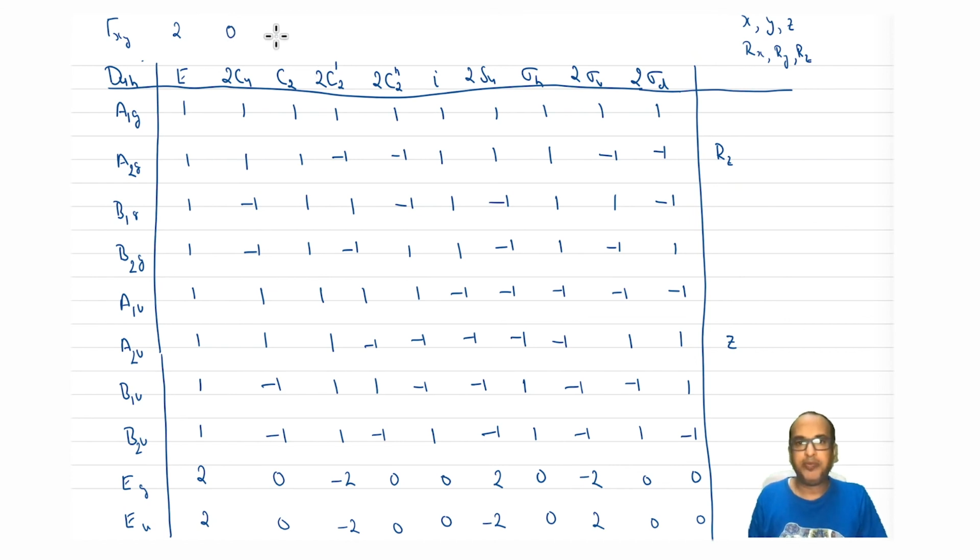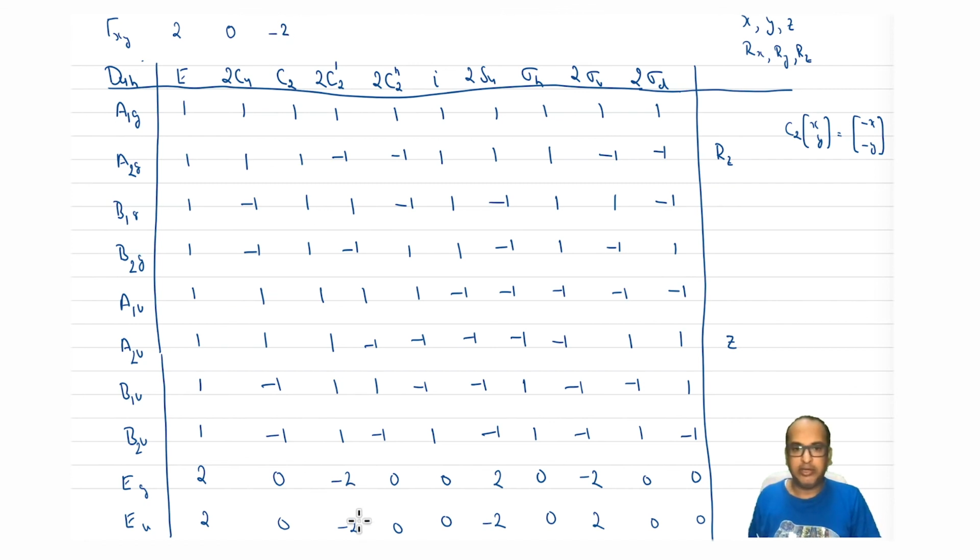Now for C2, let's say I do a C2 operation on XY. X goes to -X, Y goes to -Y, right? So both of them are giving -1, -1, so this will be -2 over here.